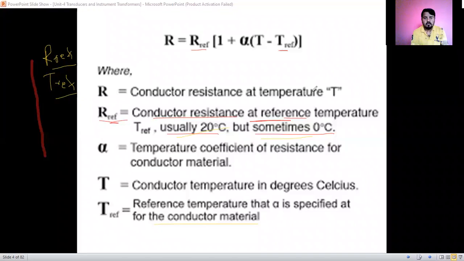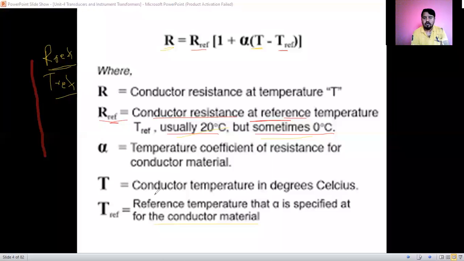So at T reference, the temperature reference, the resistance reference we have considered here. Next, what we will do: R is nothing but the change in resistance for change in temperature. From the initial temperature, to the next temperature, it has increased or decreased. Based on that, the change in temperature is this increased value here.